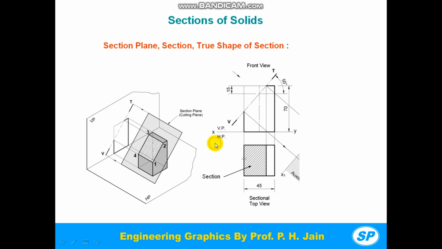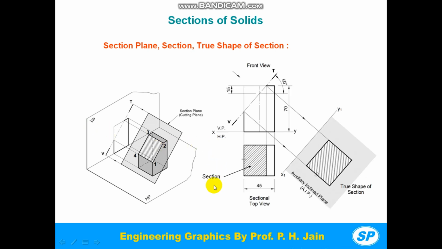Now let us see its orthographic projection. This is the top view of the prism and this is the front view of the prism, and this is the cutting plane which cuts the prism. This cutting plane is perpendicular to VP and it is represented as VT.